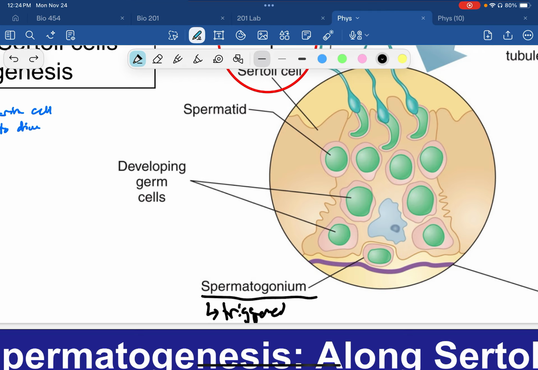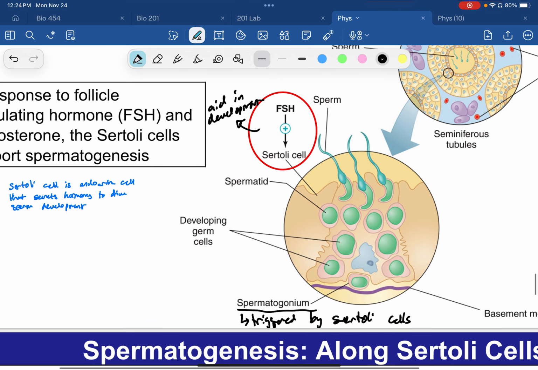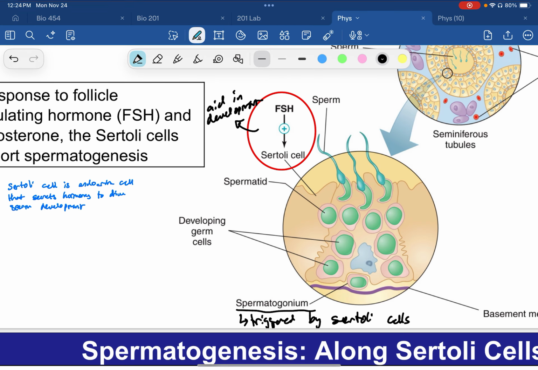That's what causes it to start differentiating. And then they move up and differentiate more until they become sperm and they develop on their own then.